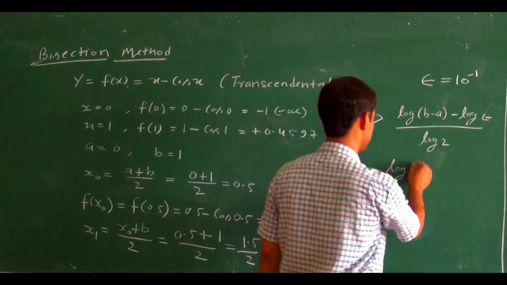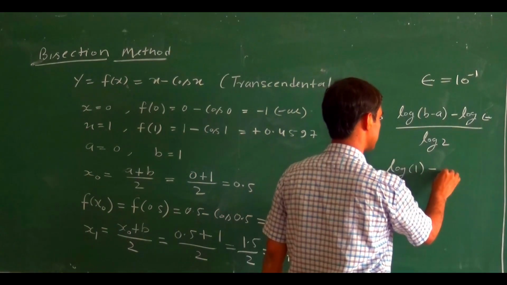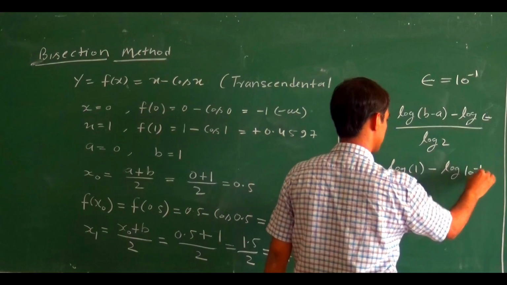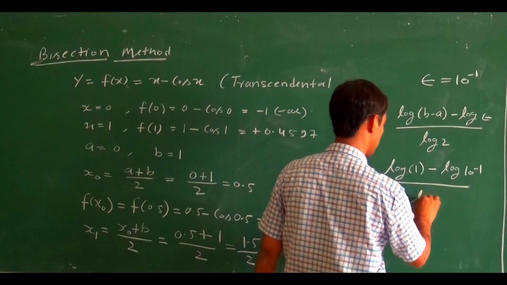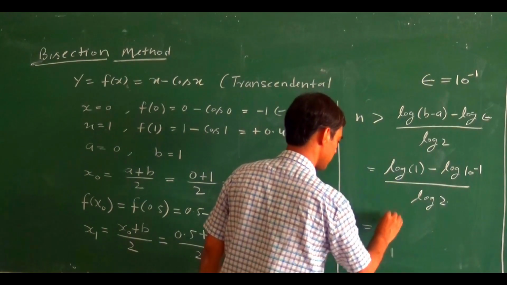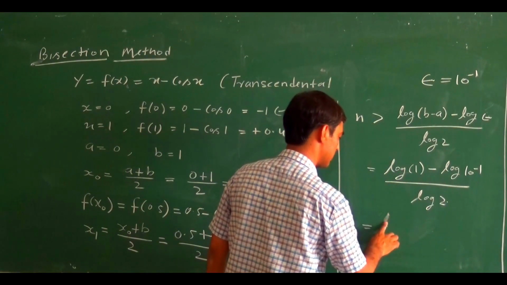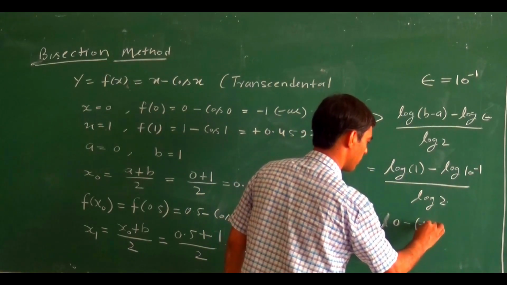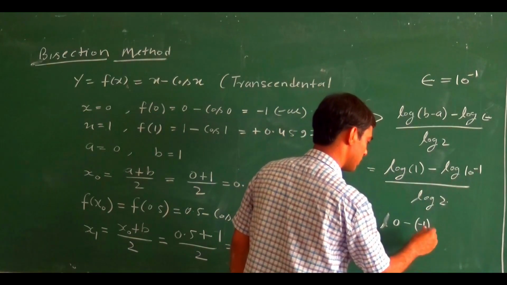The difference of these two is 1, so log 1 minus log 10 to the power minus 1, divided by log 2. Now the value for this is 0 minus (minus 1). The value of log 10 is 1.